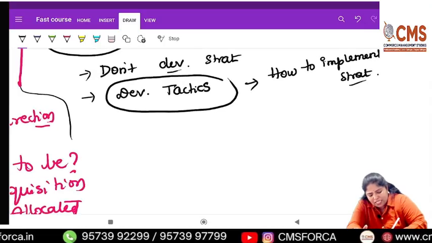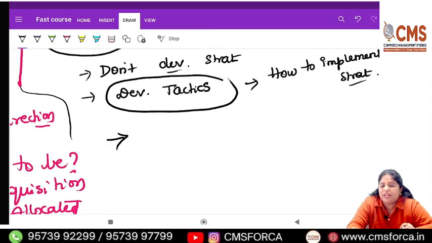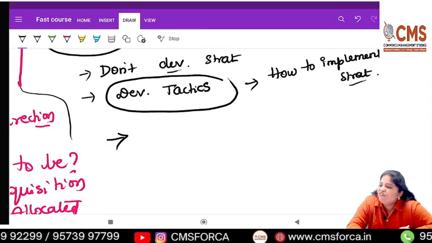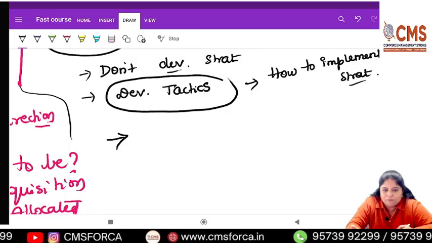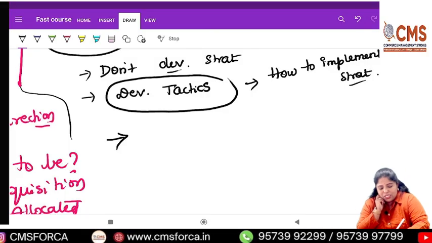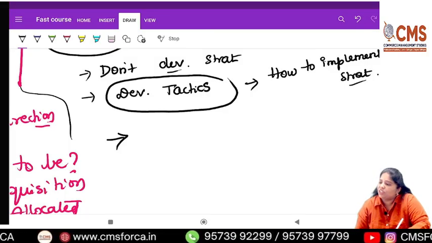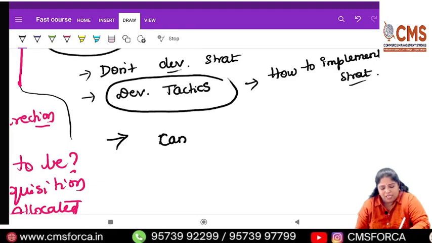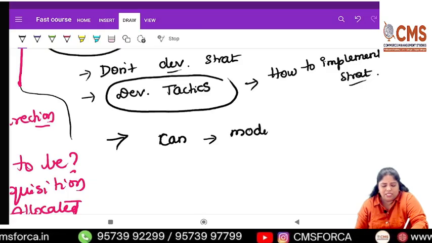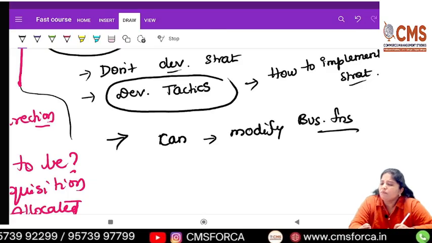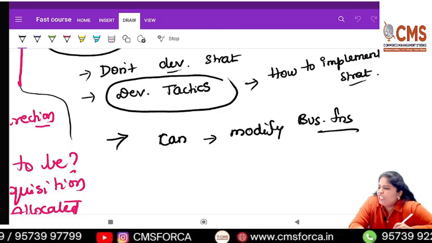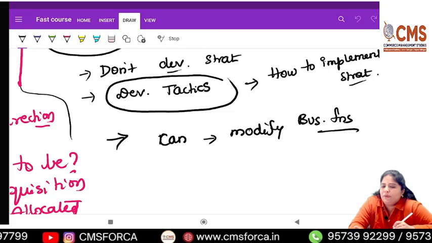Now comes the next very key point of operational planning. Can they modify the business functions? At the functional level, can managers modify business functions? Yes, they can modify some business functions, because there might be routine day-to-day activities, daily operations.